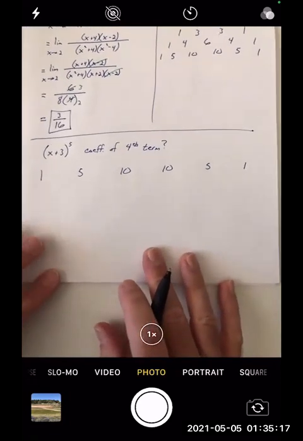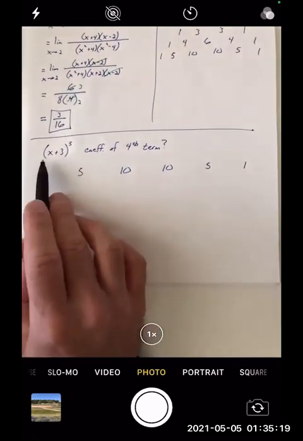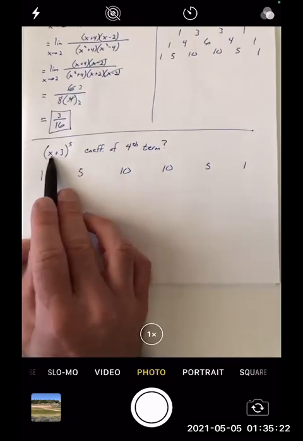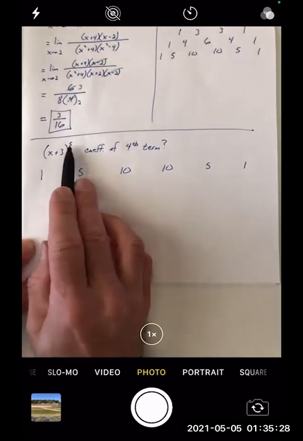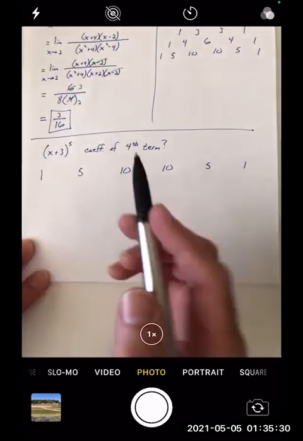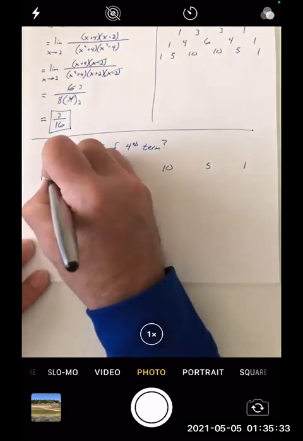Okay, so just take your first term, the x, and you're going to raise it to the fifth power, since that's the exponent on the outside. So it's x to the fifth.